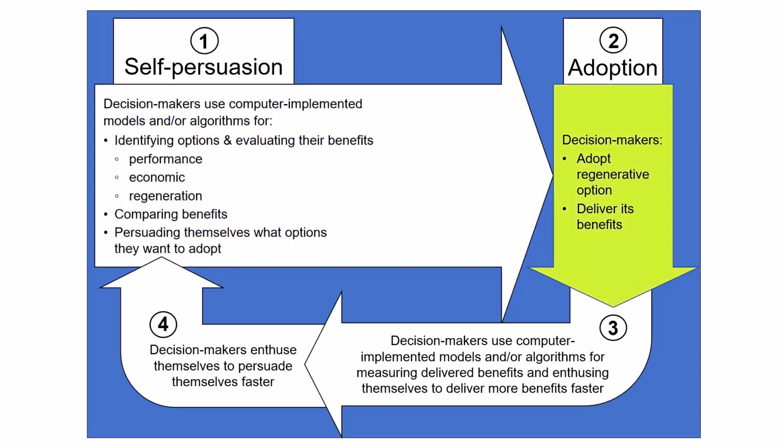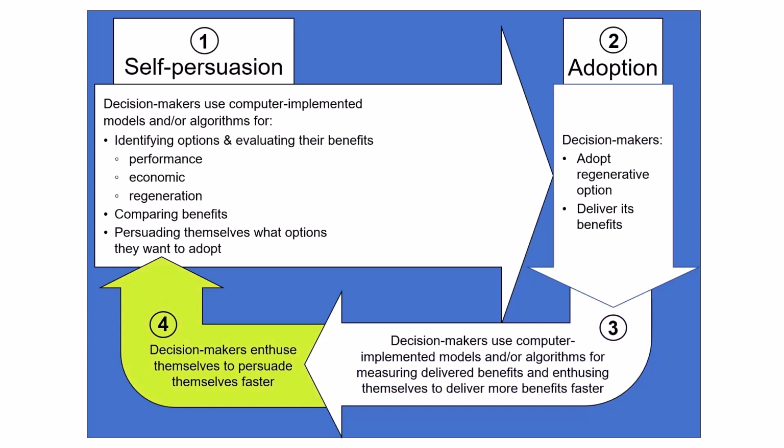They enthuse themselves to adopt more regenerative options faster and deliver more benefits faster. They enthuse themselves to measure the delivered benefits and enthuse themselves to deliver more benefits even faster.